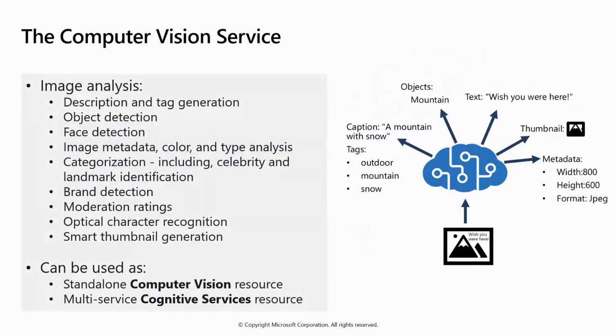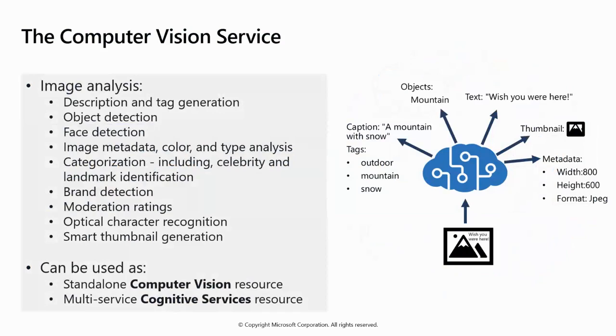Category identification is figuring out what kind of thing the image is and if it has any well-known landmarks. And we have also the brand detection.